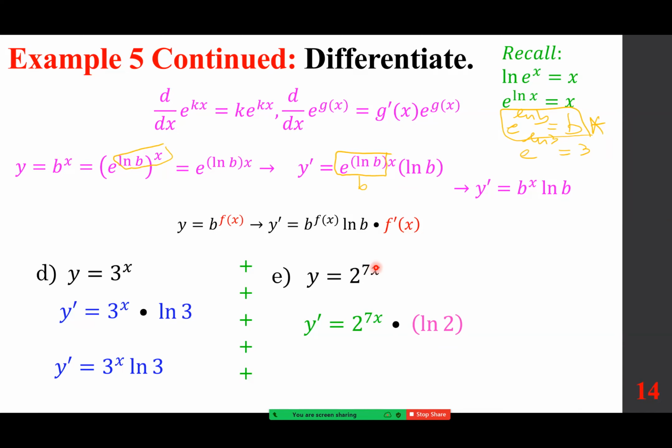Therefore, we need the derivative of that by this or that rule, which means I need 7. And now I'm going to rewrite it by putting 7 ln 2 in front. This is normally the way we write it, but it is absolutely up to you. You want to be careful. You write this in a parenthesis or you put a raised dot so we don't think it's 22 here.